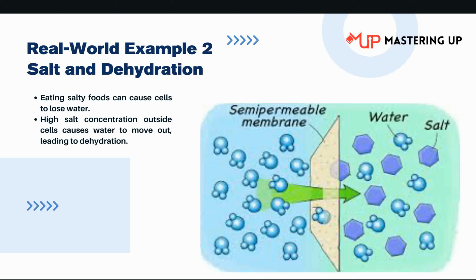Here is an illustration showing the water molecules move across the semi-permeable membrane to the region where the salt, that is solute concentration, is high. So this is an example for osmosis.